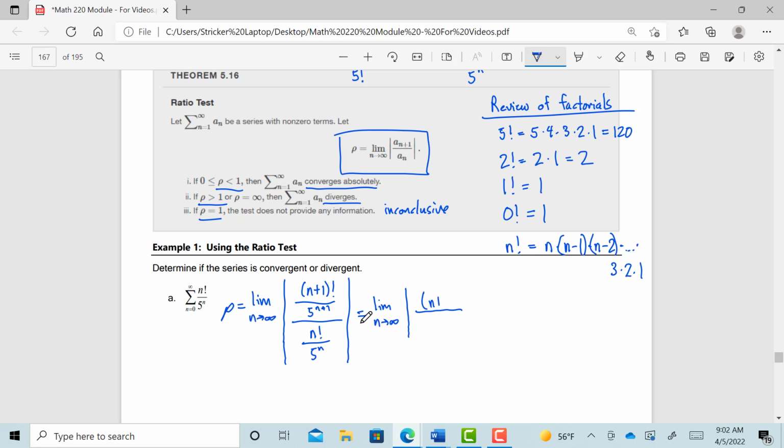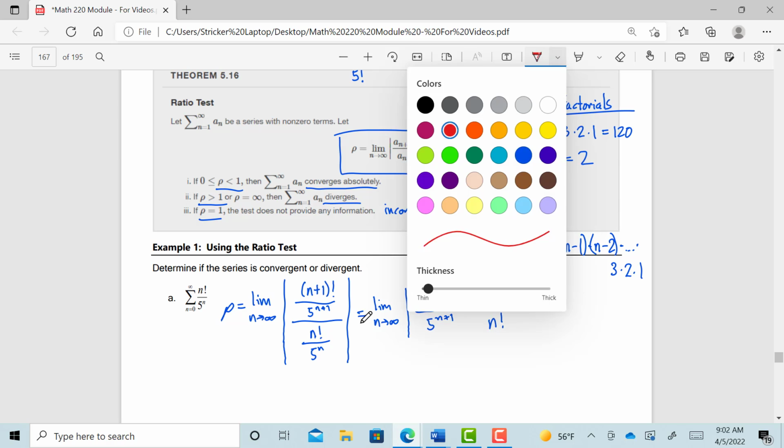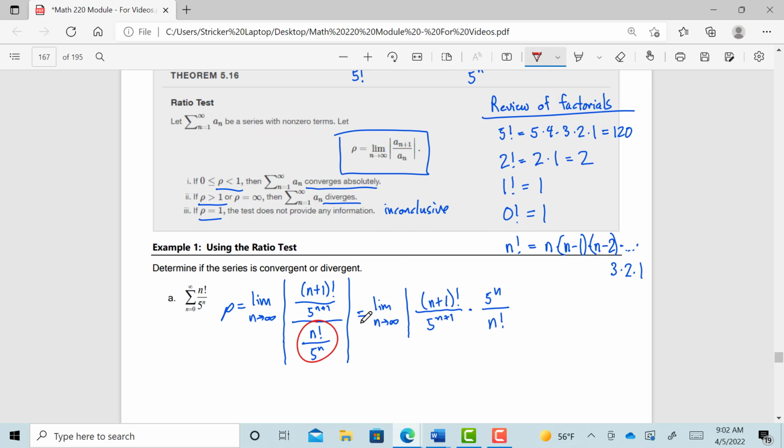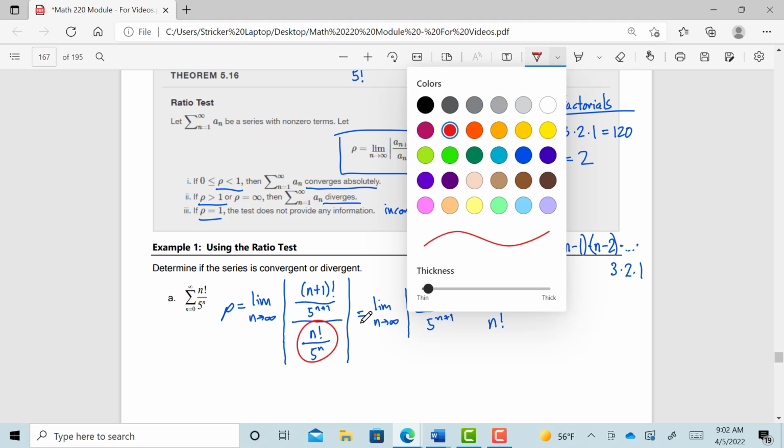We take the top fraction, n plus 1 factorial over 5 to the n plus 1, and then multiply that by the reciprocal of the bottom fraction. So that's going to be 5 to the n over n factorial. Again, that's just taking this bottom fraction and taking its reciprocal. So we have that.